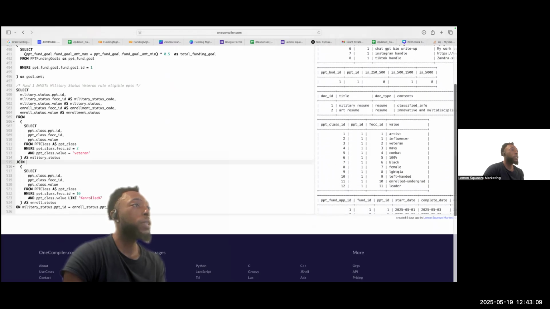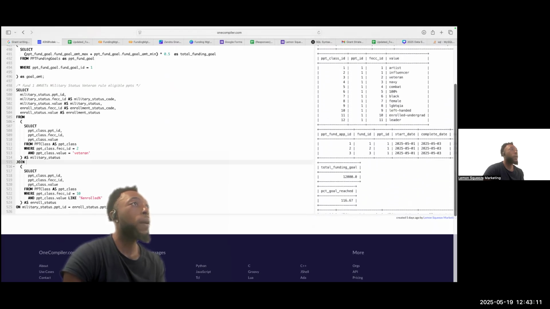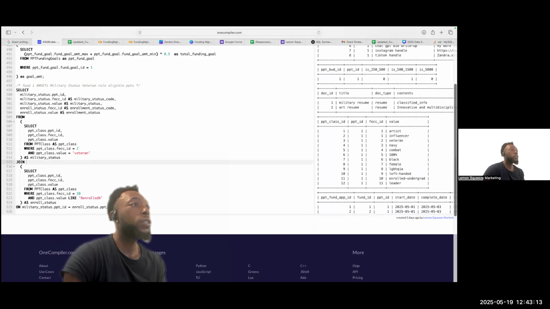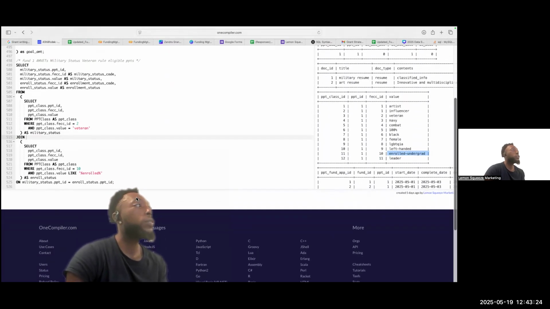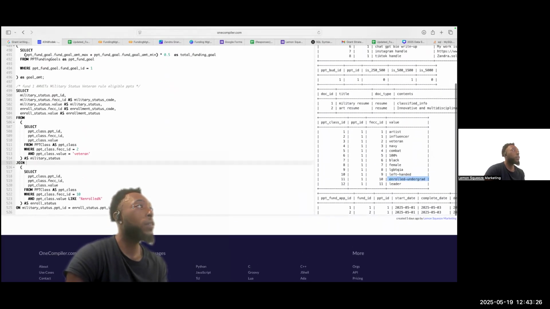You just need to be enrolled. If we look at Zandra's category 10, she has a value of enrolled-undergrad. So those are the only two qualifications required for that particular scholarship.